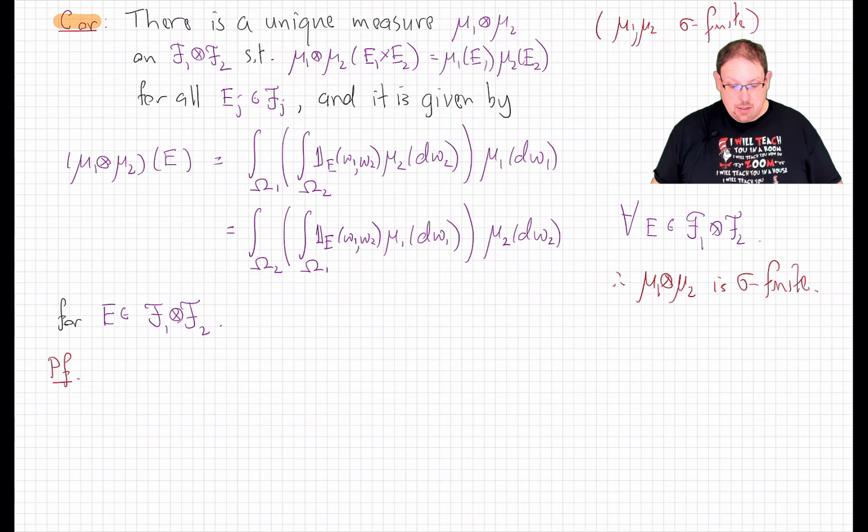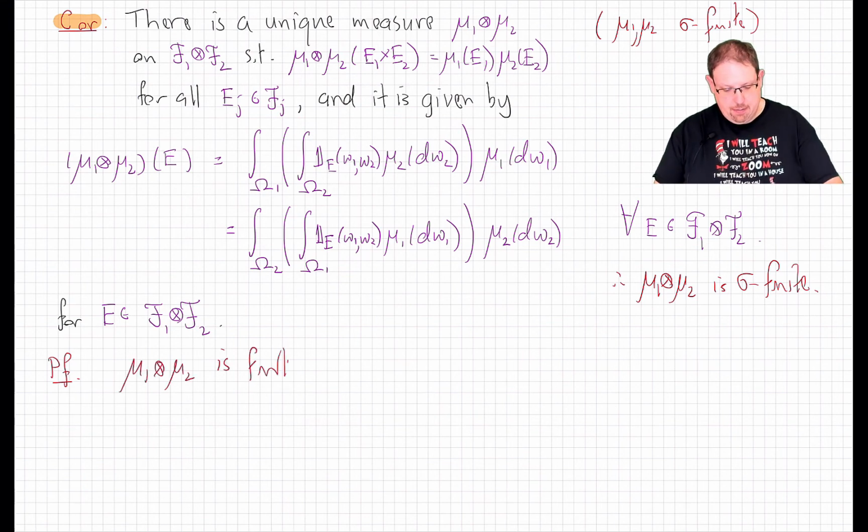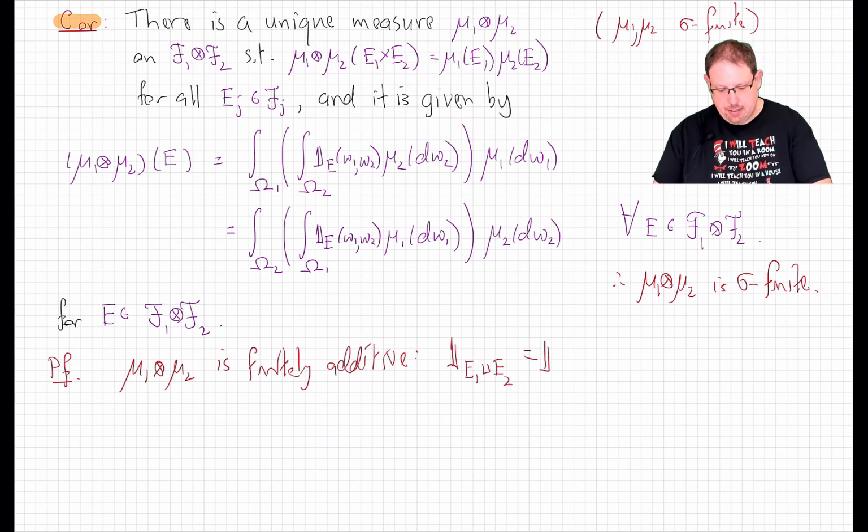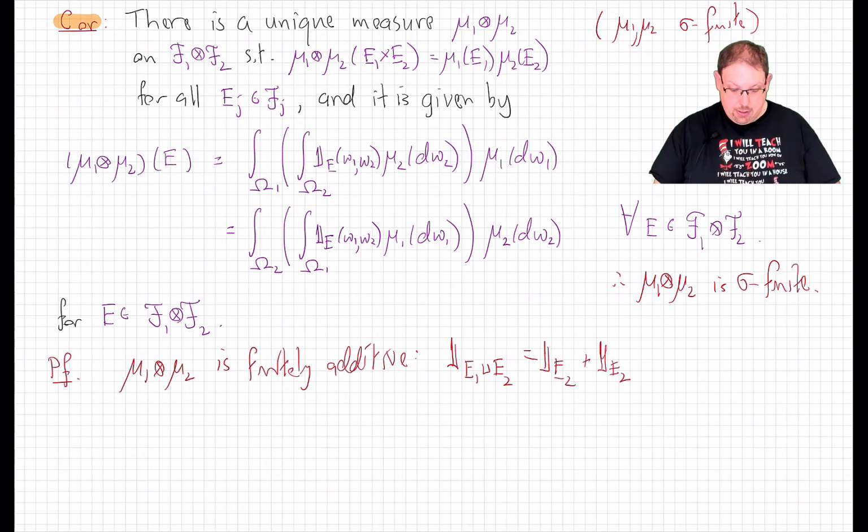So how does this work? Well, all we need to do is verify that this, which is equal to this by the theorem, defines a measure. Well, let's check finite additivity. So mu1 tensor mu2 is finitely additive. And that follows from properties of integrals that we've developed simply because the indicator function of a disjoint union of two sets is the sum of their two indicator functions.